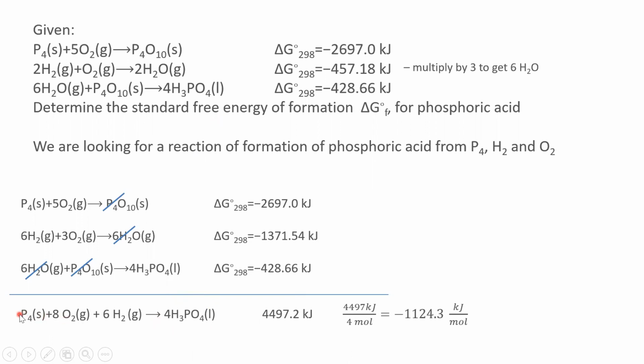So we would have to divide everything in the reaction by 4 to make this 1 mole, which means we'd have to divide the energy by 4. And again, there should be a negative sign in the answer. So negative 1124.3 kilojoules per mole would be our answer for the formation of 1 mole of this compound from its elements.